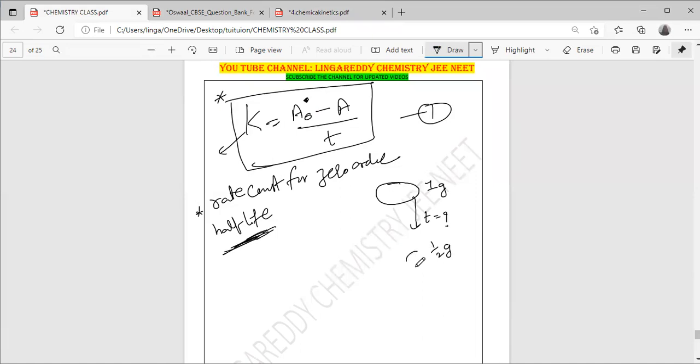That is half-life. Simple example, 1 kilogram of ice, to become half kilogram of ice, how much time is it taking? Maybe 30 minutes. So this 30 minutes is the half-life of this ice. Understood? Yes, sir.